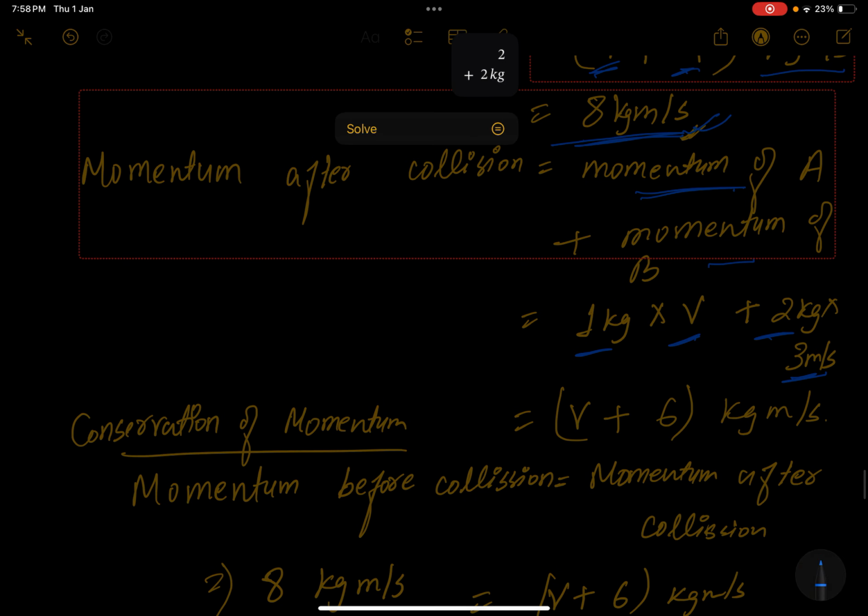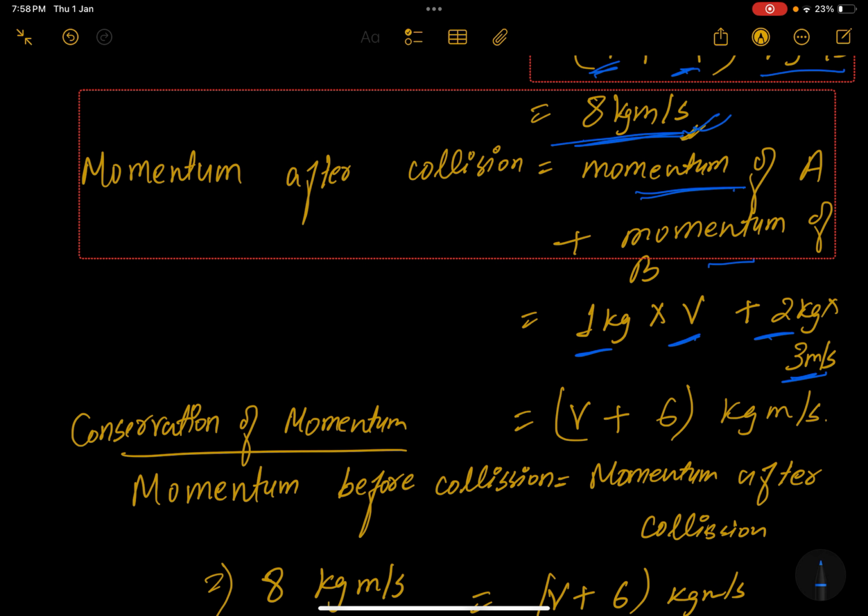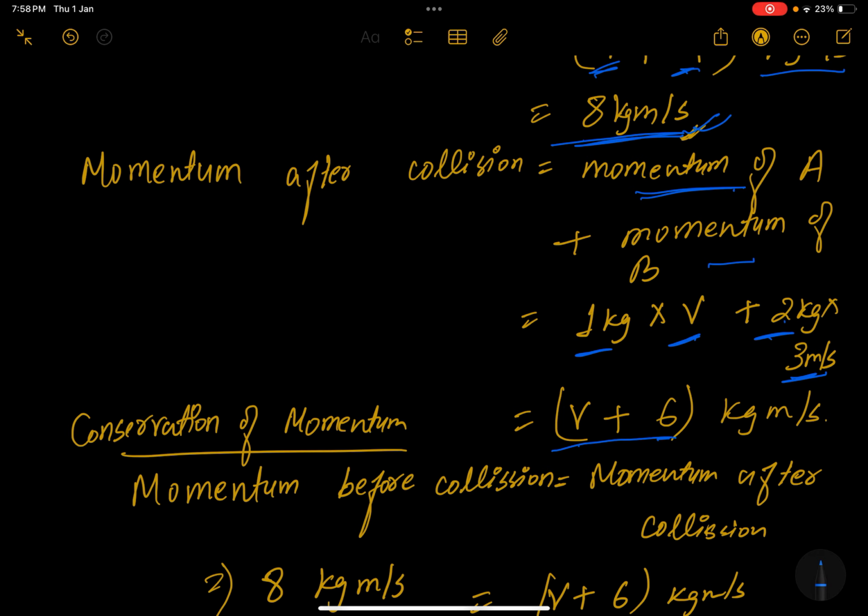Now we solve this. 1 into V is V, 2 into 3 is 6. So this comes to V plus 6 kg meter per second.